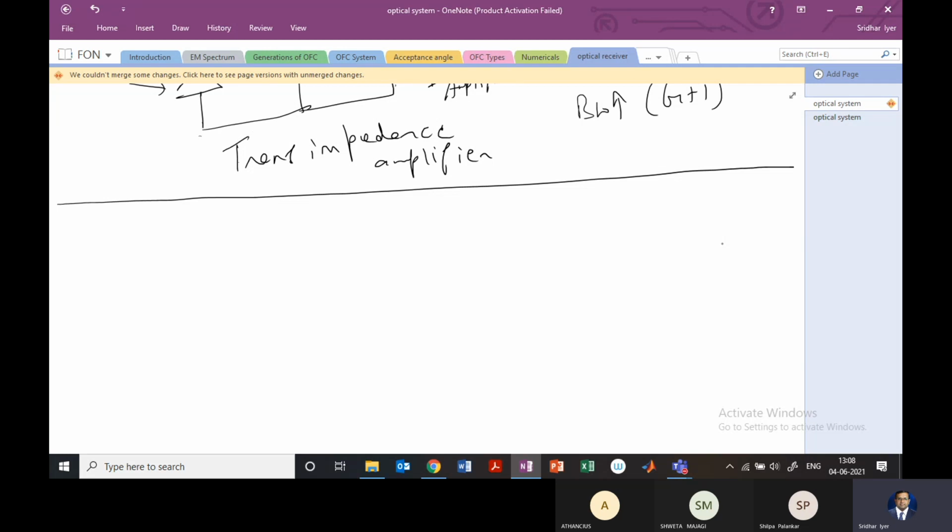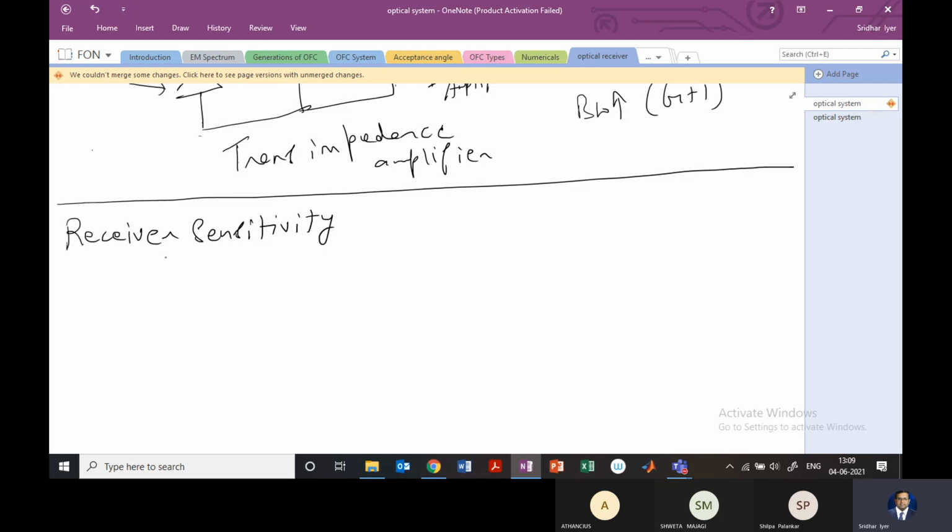Okay. So what is left off in this module is a very important factor: receiver sensitivity. So this is one of the parameters over which the system is going to be evaluated, because it will give us the required or the desired quality of service with the least power that we can give.